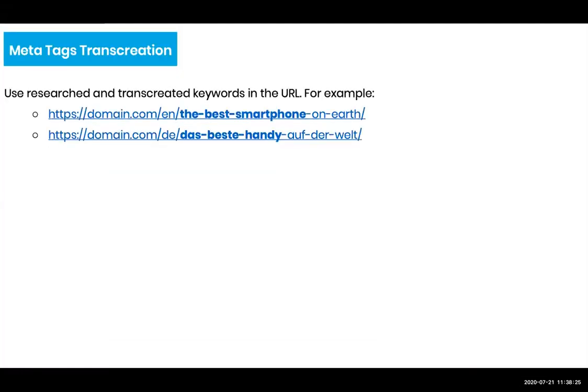All right. And then once we have optimized our source language website, we're going to transcreate the meta tags into our target languages. When we transcreate these meta tags, use researched and transcreated keywords in the URL. For example, the best smartphone on earth, das beste Handy auf der Welt.